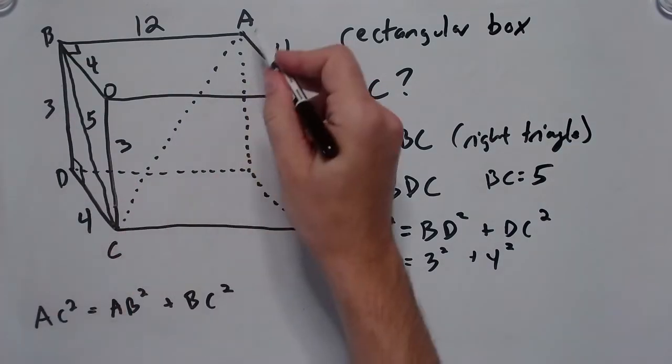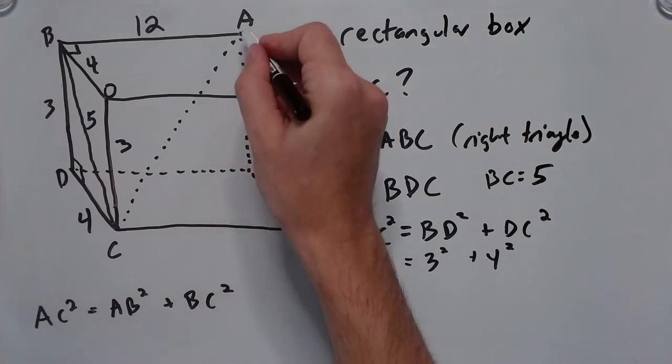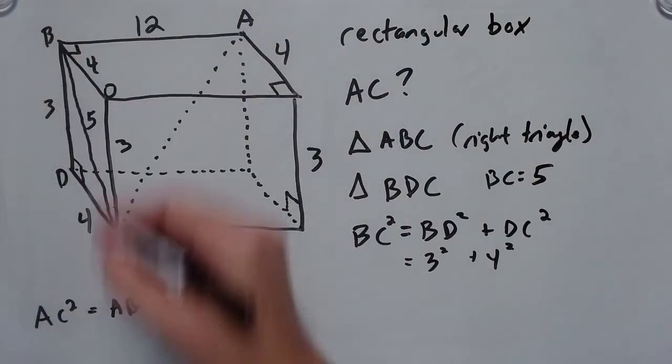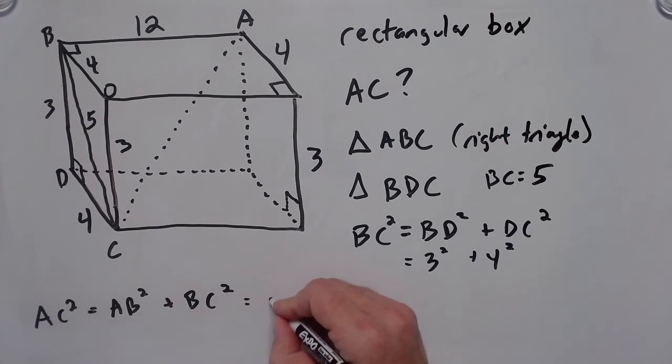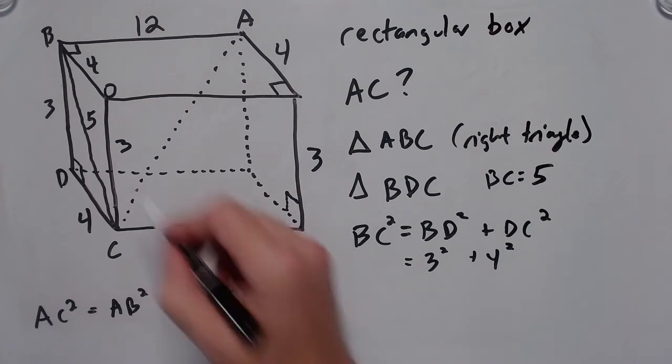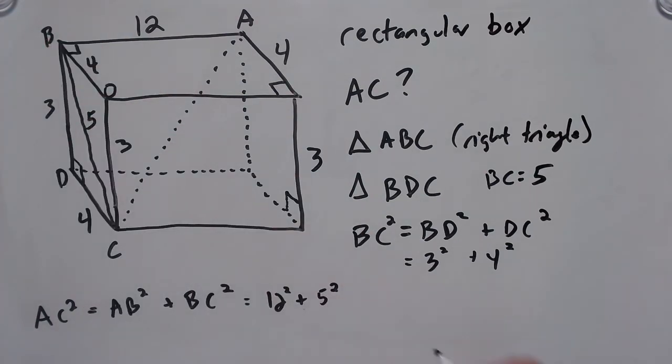So AC is what we're trying to find, and it is equal to AB squared, so 12 squared, plus BC squared. BC is 5, so 5 squared.